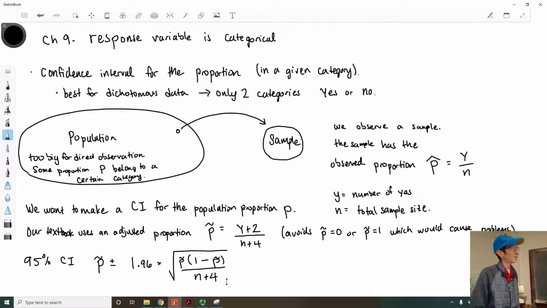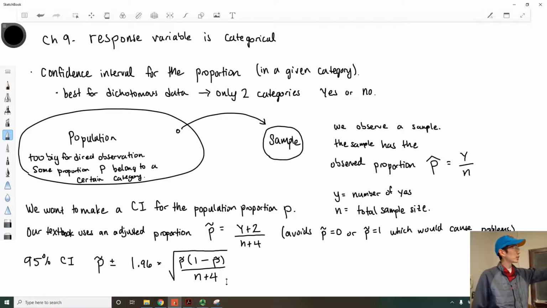When you have a yes and no situation, you can also frame it as this binomial dichotomous situation. And if you have a big enough n, then the binomial can be approximated with the normal, okay? And we never tried to approximate the binomial with a t distribution or something like that, okay?